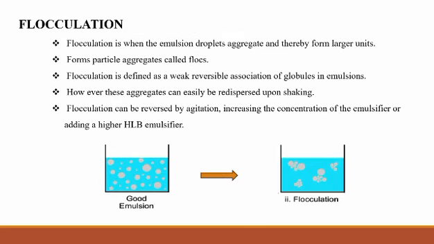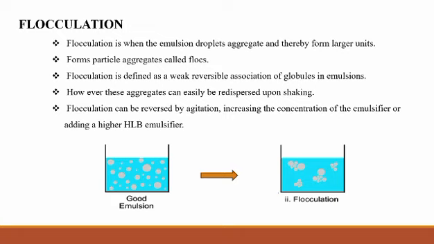First is flocculation. Flocculation is one of the instability phenomena in which the emulsion droplets, the dispersed globules, aggregate, thereby forming larger units. When we see this picture, we can easily identify that in a good emulsion, the dispersed globules are uniformly distributed all around the dispersion medium.